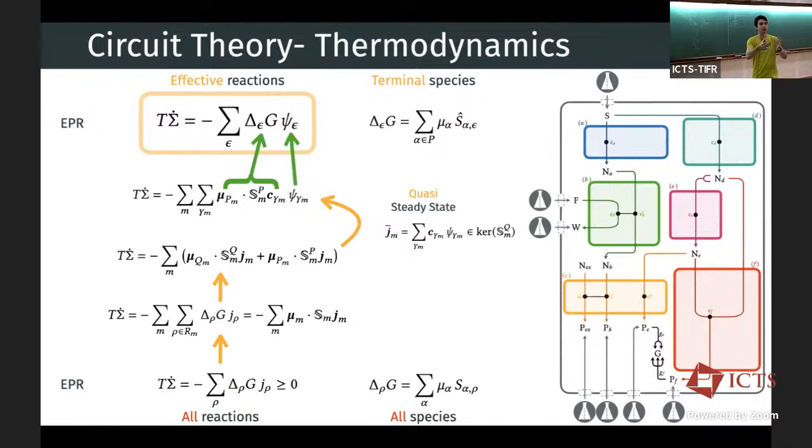Because of what Massimiliano was showing yesterday, at steady state, the only things we care about to compute the dissipation are the cycles. And thanks to this quasi-steady state assumption, our modules are interconverting the terminal species only through the cycles. So with a little bit of math, we ended up accounting for the full dissipation, but tracking only a much smaller subset of reactions.